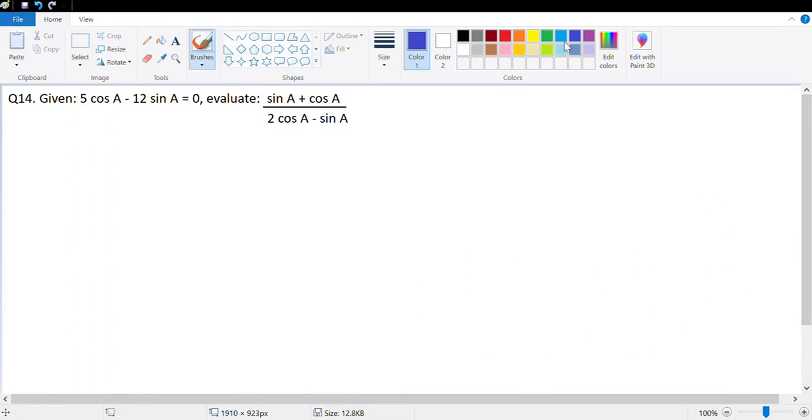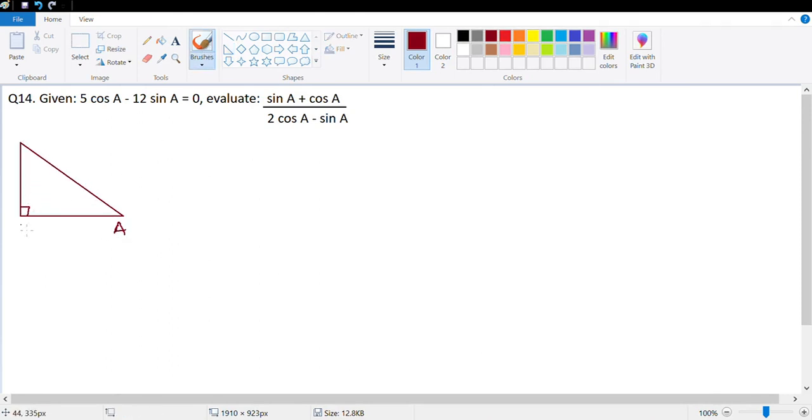So question number 14. It says given 5 cos A minus 12 sin A is equal to 0, which means we need to calculate the value of something. Okay. So again, let's draw a rough diagram for our understanding.